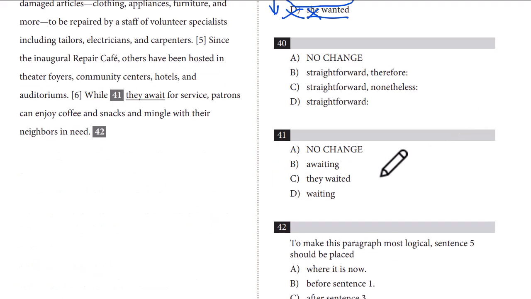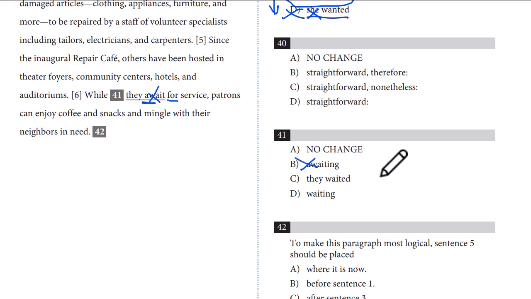41. While they wait for service, patrons can enjoy coffee and snacks and mingle with their neighbors in need. While they await for service, well, you wouldn't await for service. That means I'm anticipating. So I don't anticipate for service. That's not right. It's not await or awaiting.